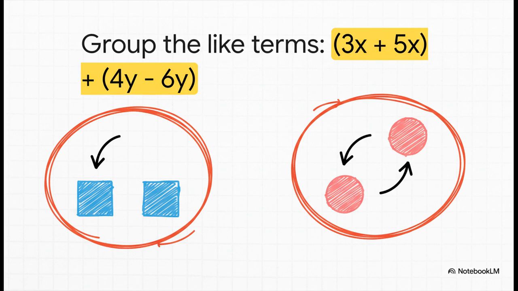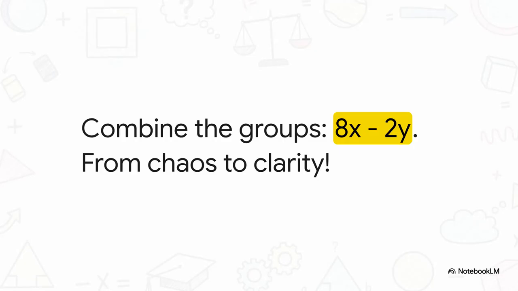We've put them in their own little groups. And now for step 2, we combine. What's 3x plus 5x? That's 8x. And what's 4y minus 6y? That gives us negative 2y. And that's it. Our clean, simplified answer, 8x minus 2y. See? We went from chaos to clarity.